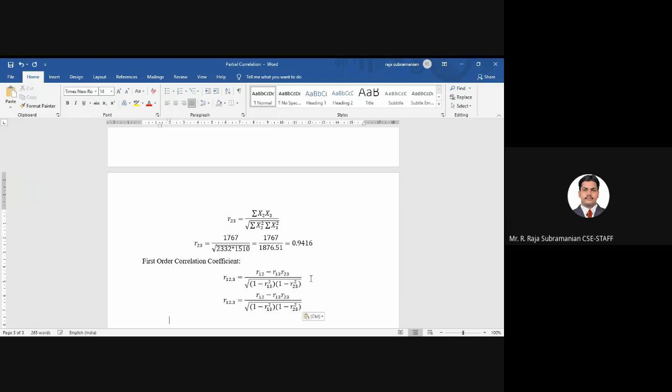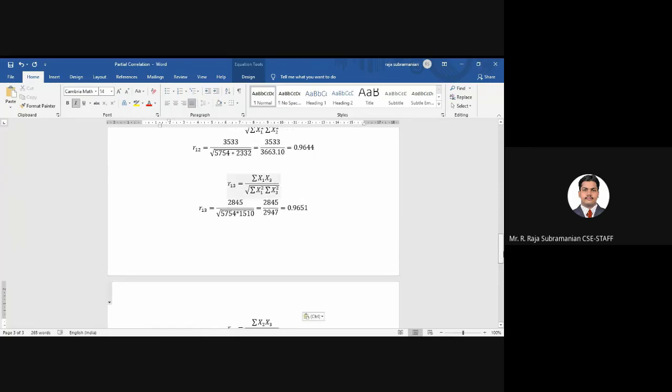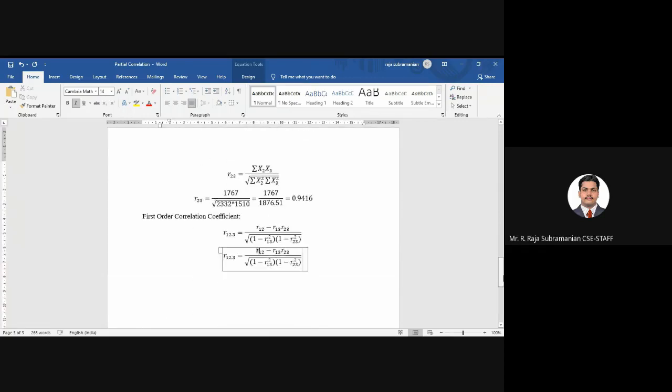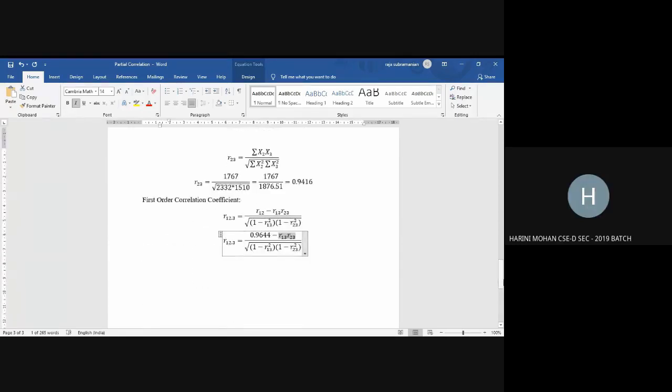Instead of R12, I go on top and see what R12 is: 0.9644. If I am writing anything wrong in the decimal point, tell me. 0.9644 minus R13 R23. R13, what is it? 0.9651, into 0.9416.